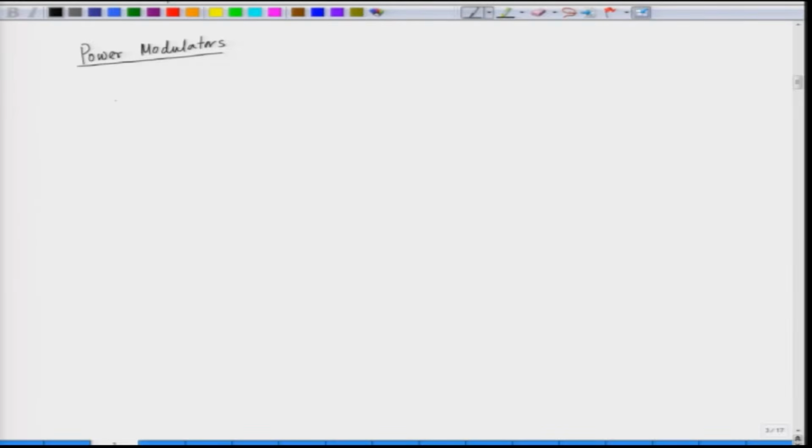In power modulators, we have DC to DC converters, and these are called choppers.